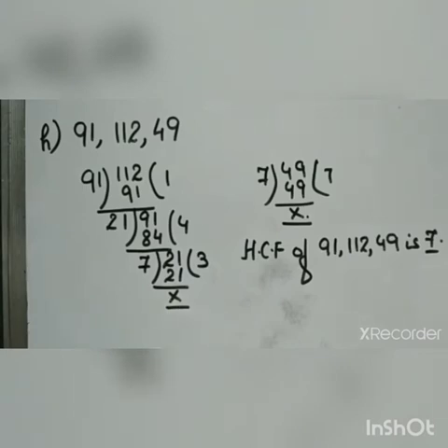Now I have to calculate the HCF for the third number also. Now I will divide that third number by this 7. 7 sevens are 49. Remainder is again 0. So the HCF of 91, 112 and 49 is 7.